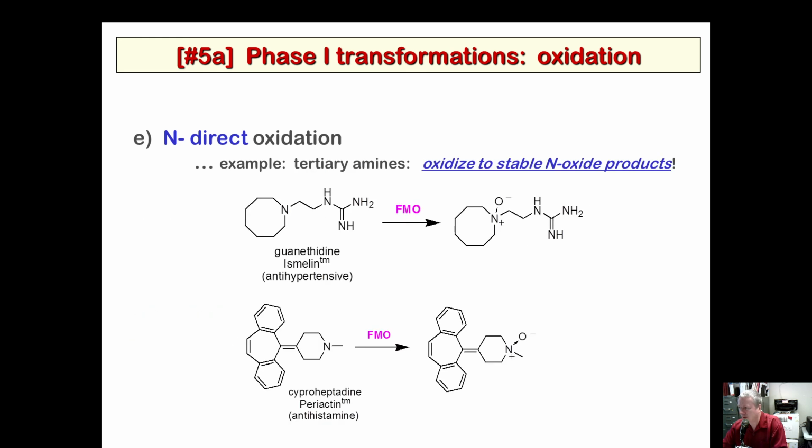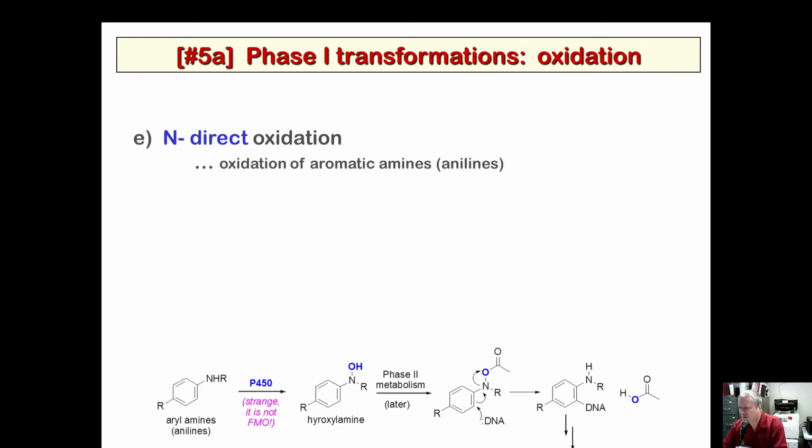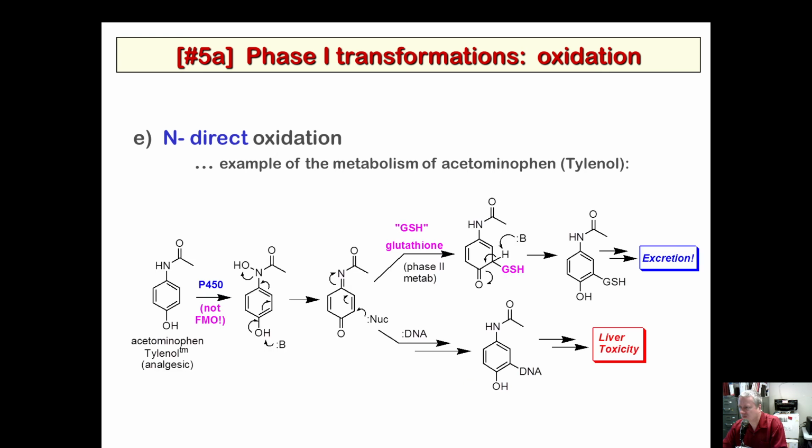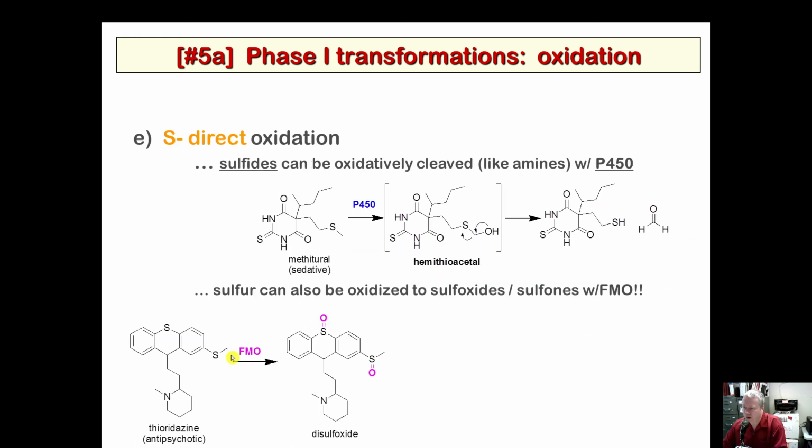So it's an N plus O minus, right? N oxide. So sulfur is doing that. Right? So it actually makes S plus O minus.